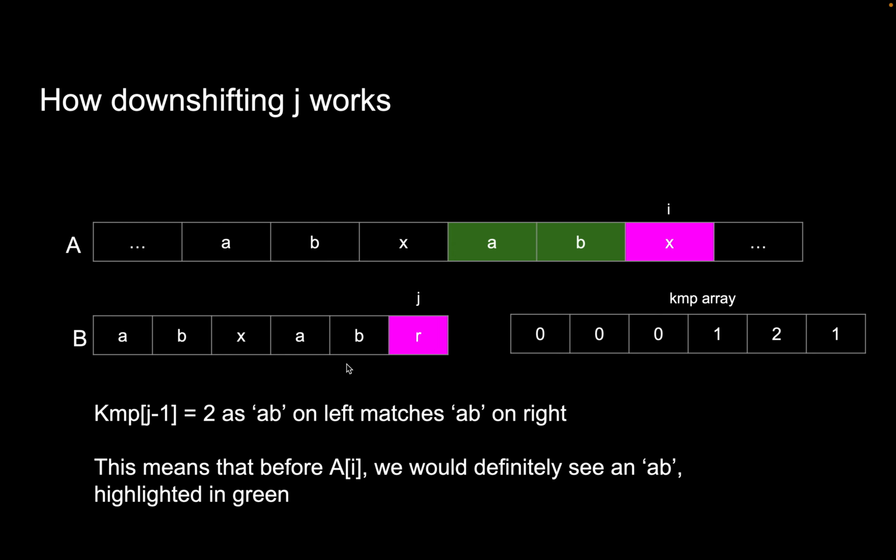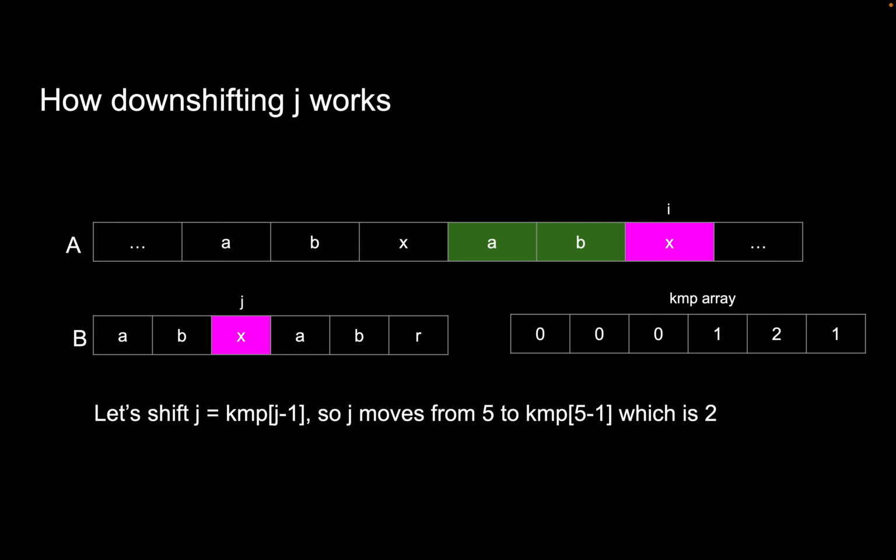So there is an AB on the left and there is an AB on the right. So right before this point, highlighted in green, we will definitely see an AB, because that is a suffix of this common prefix suffix.